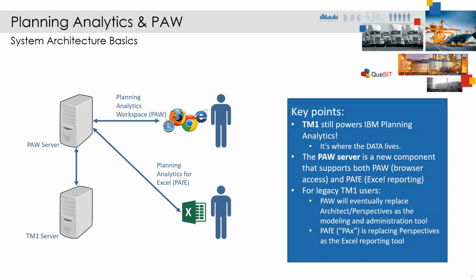And it's been an IBM strategy to simplify how users are interacting with TM1. And that's really through two main ways. It's through PAW, which would be dashboards, modeling, and administration, or through PAFE, which stands for Planning Analytics for Excel. And that's strictly for Excel reporting. So those are the two ways that your end users will interact with planning analytics.